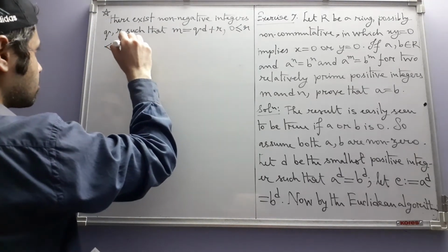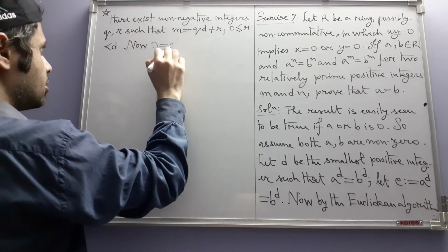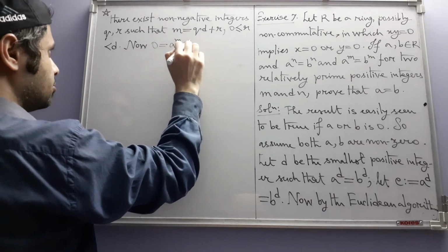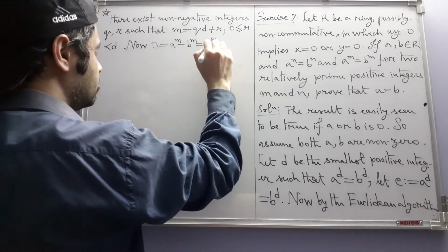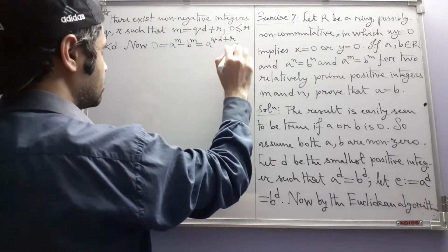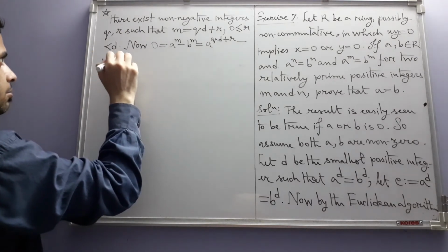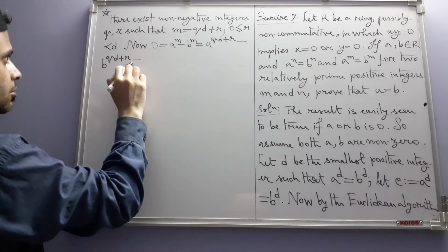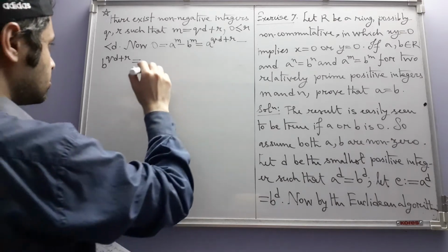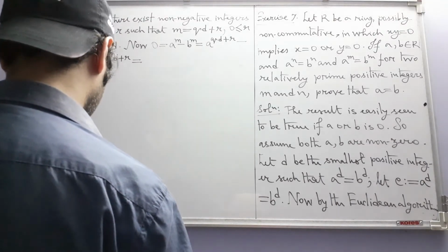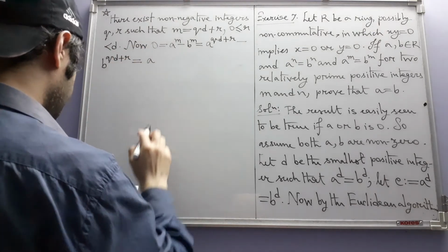Now 0 is equal to A to the power m minus B to the power m. So in place of m we can write qd plus r.